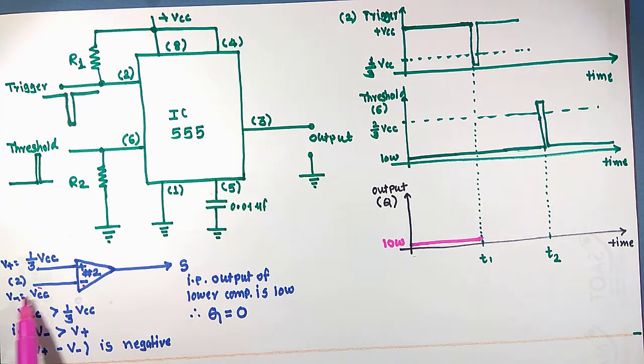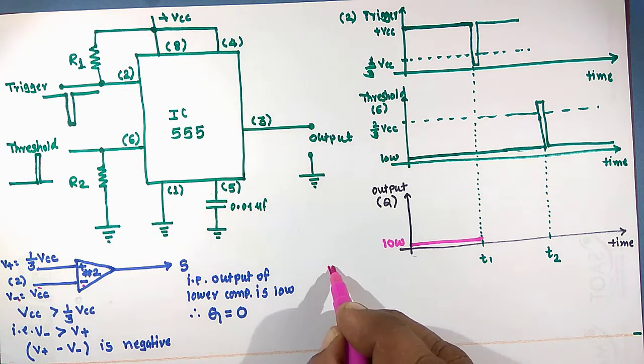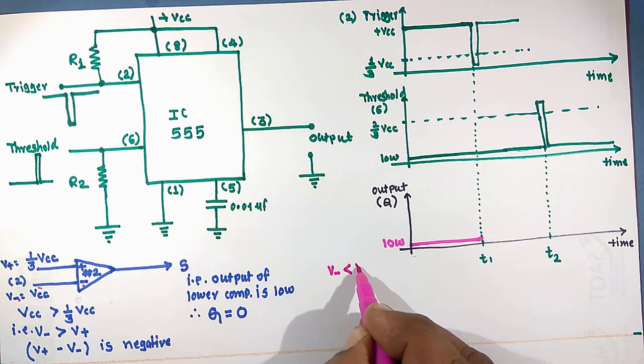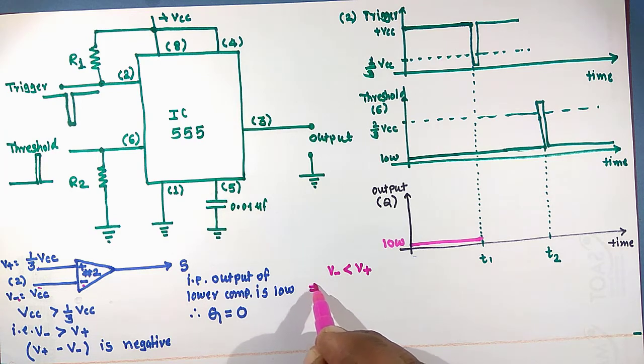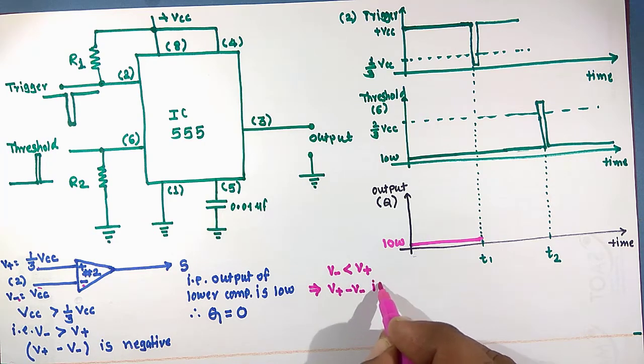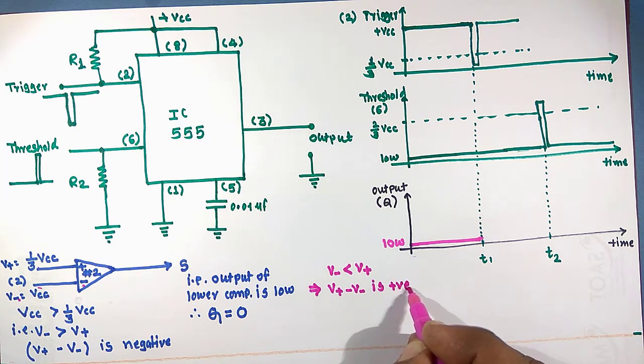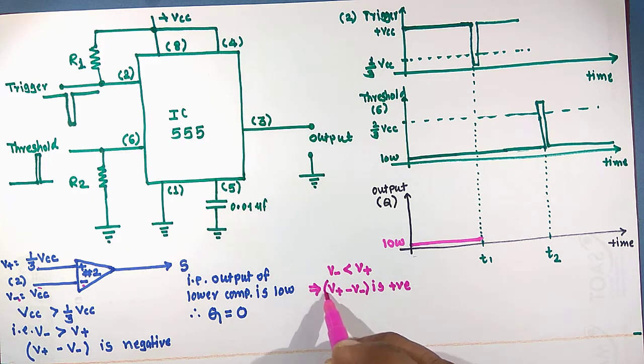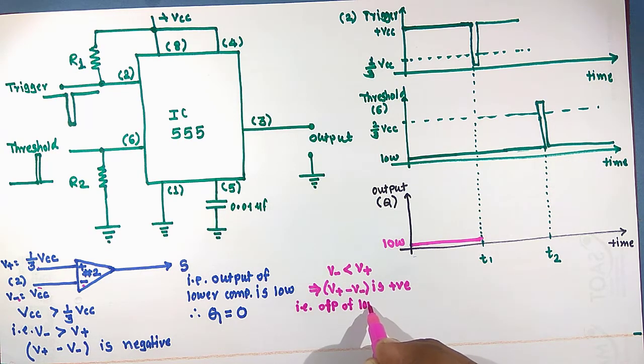That is, V minus becomes slightly less than V plus. It implies that V plus minus V minus is positive, that is, the output of the lower comparator becomes high.